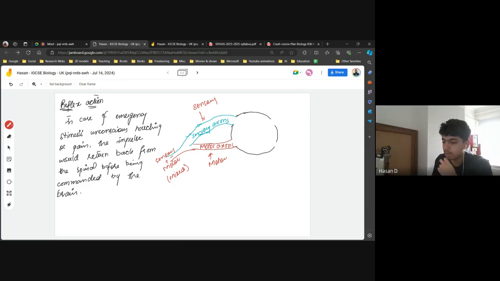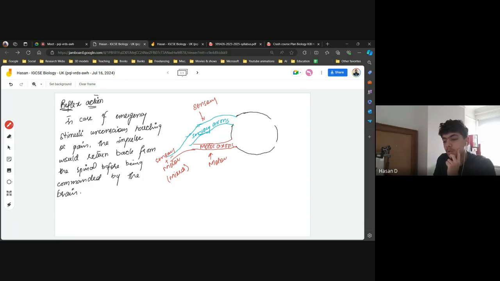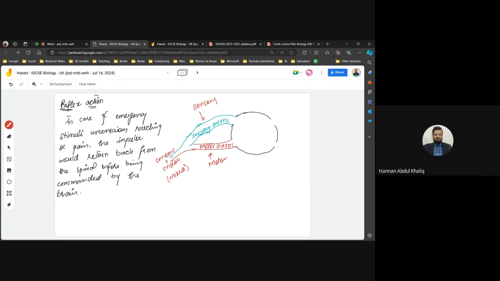So they carry the signals to your brain. But what is the difference between neuron and nerve? So the actual nerve cell is the neuron. Nerve cell is the neuron, and the bundle of neurons is nerves.